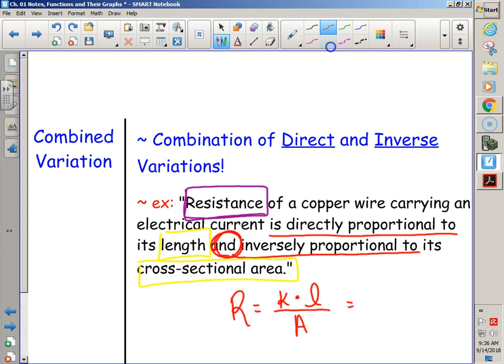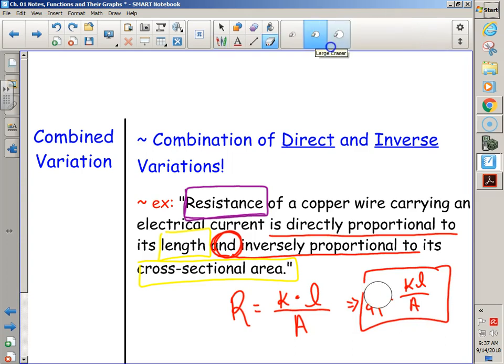So in essence, we can really just say R is equal to KL over A. And I have the relationship of R being directly proportional to L and inversely proportional to A, all at the same time. And sorry, that's an R. If it doesn't look like an R, I apologize. There you go.